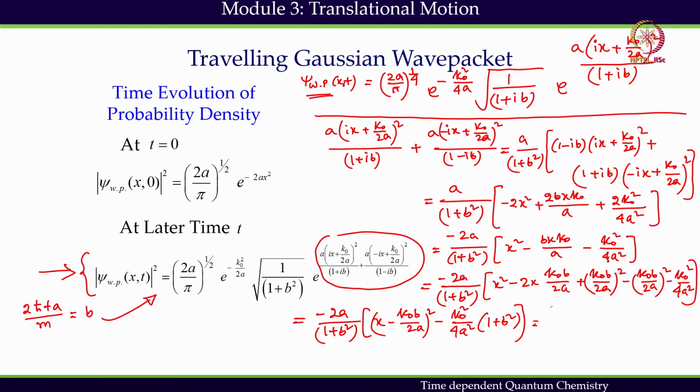So this is nothing but minus 2a by 1 plus b square multiplied by x minus k naught b by 2a whole square plus k naught square divided by 2a.